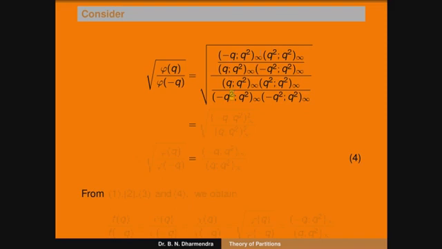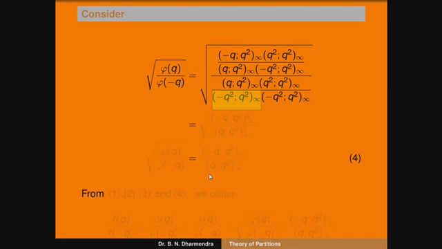Here (q squared; q squared) infinity is the common term, and the other term is (minus q squared; q squared) infinity. So this one goes to the numerator, and this one comes to the denominator.